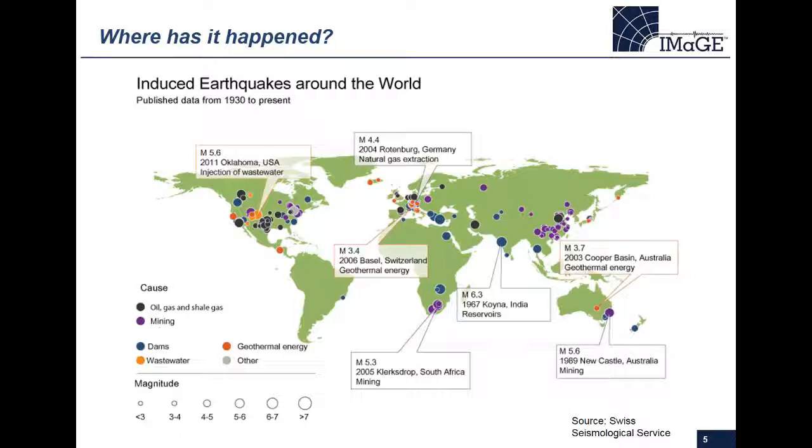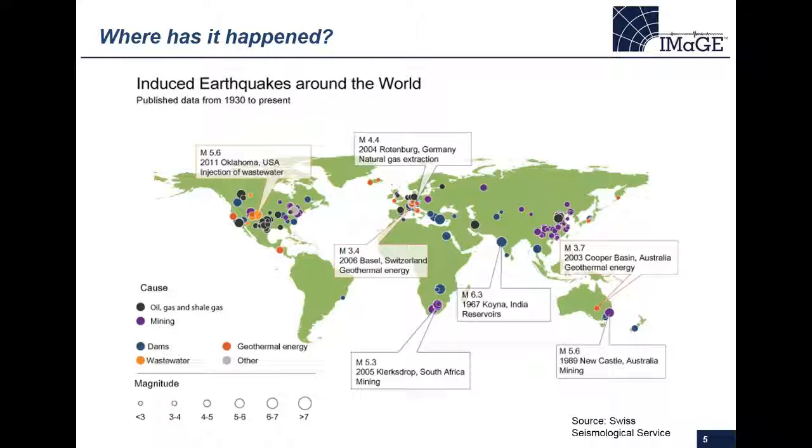In this map, you can also see that they're colored by the different causes. I'll talk mostly about oil and gas induced seismicity today, but the principles will apply to all these other causes as well. Typically with oil and gas, we're seeing a lot of them in North America, especially in central United States, but they are also present in Europe and a couple in Asia.